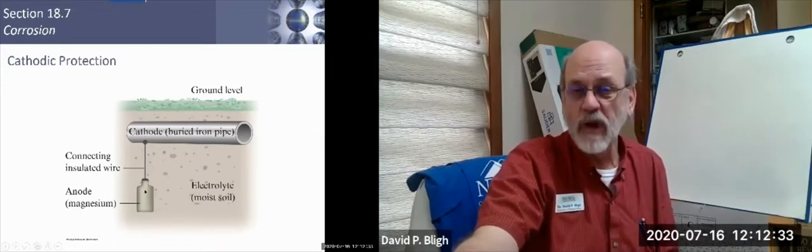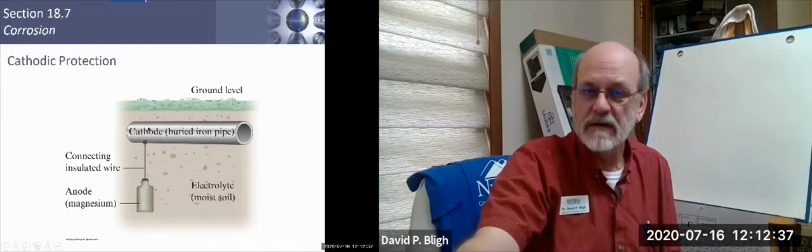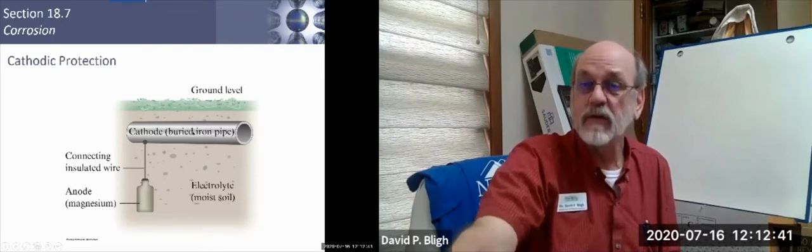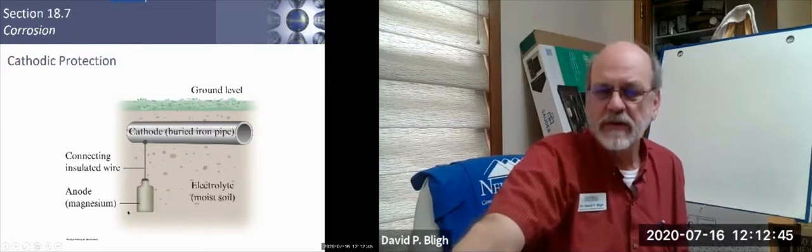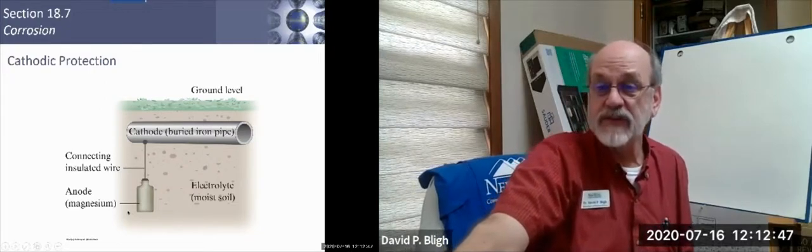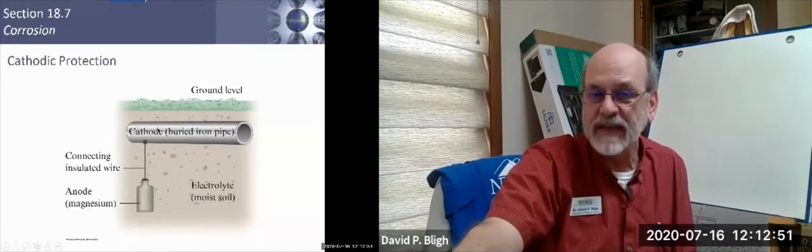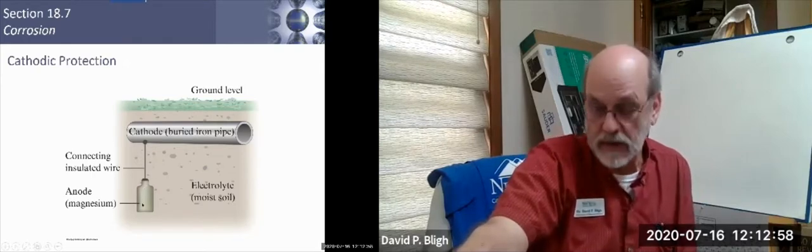All we need is a way to get the electrons to the pipe and prevent it from corroding. So as the magnesium is consumed, it converts to magnesium plus ion and releases the electron into that circuit and then makes this the cathode. So that's cathodic protection by using a sacrificial anode.